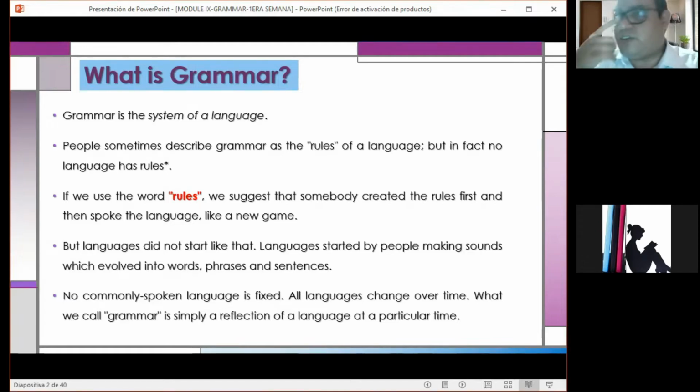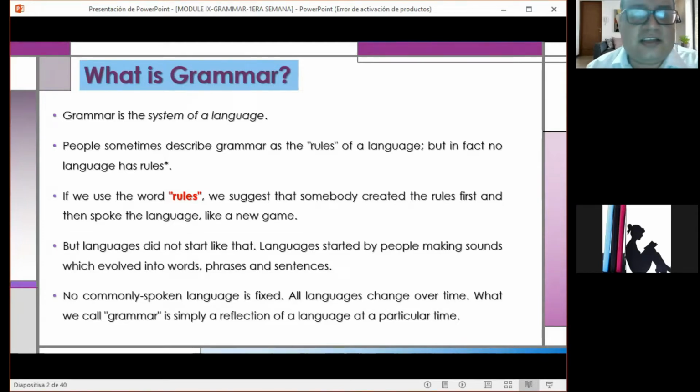A very common representative of Middle English is Shakespeare. I don't know if you have heard about this famous writer, Shakespeare. Some people say that Shakespeare introduced a lot of words into the English language because this person started writing plays, poems, and many other types of written texts. So notice, the language is not fixed.